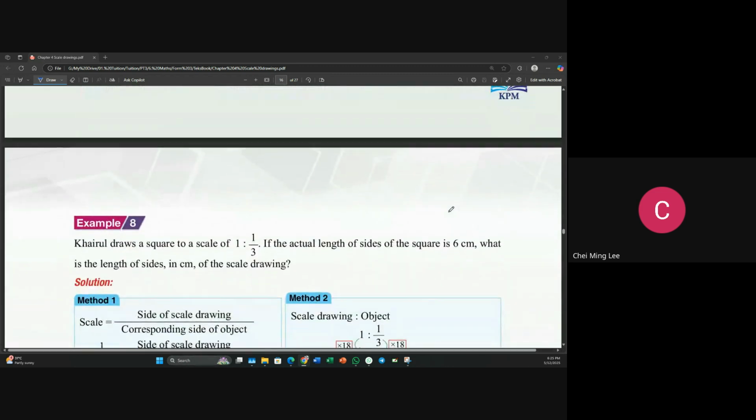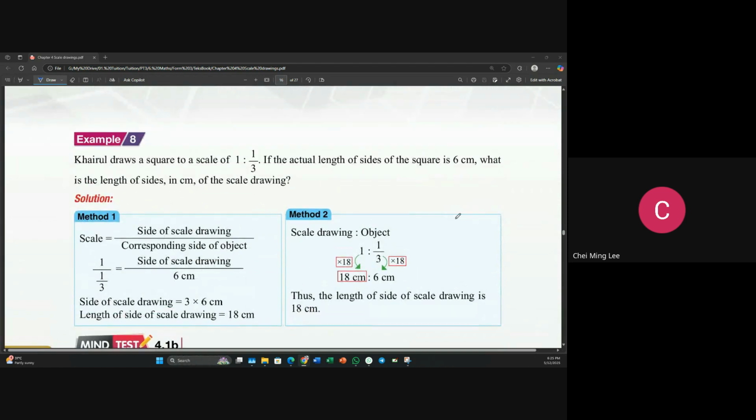Okay. Now, for example 8, Cairo draws a square to a scale of 1 to 1/3. If the actual length of the side of the square is 6 cm, this is a square, this is the object, O. Now, the length size is 6 cm, so for the object it is 6.